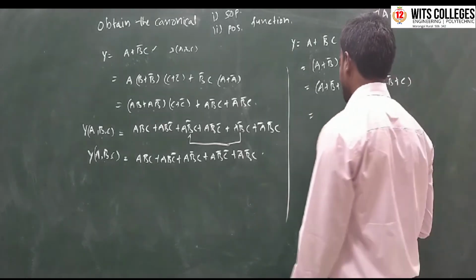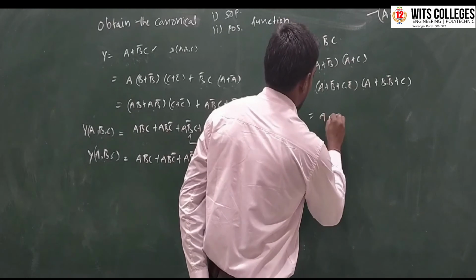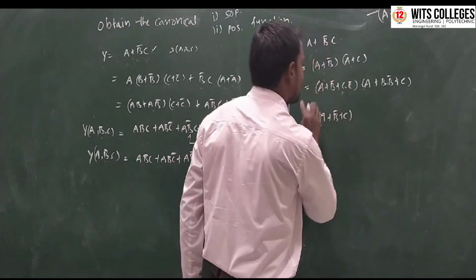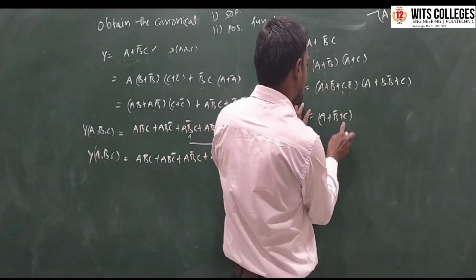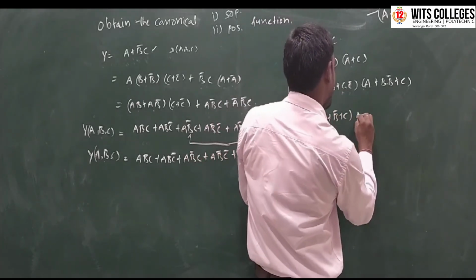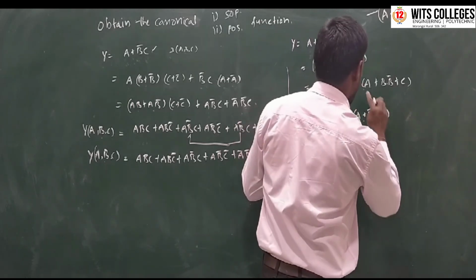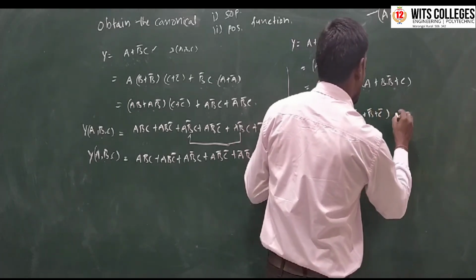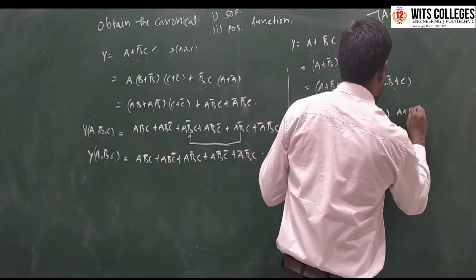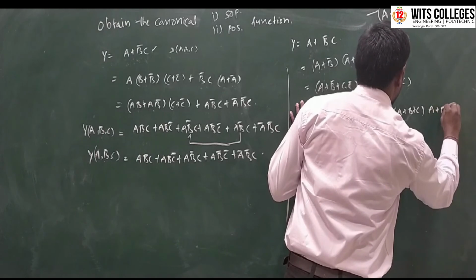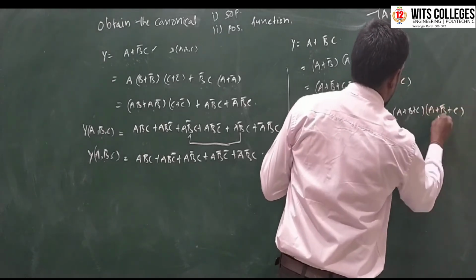So that is equal to (a + b bar + c) into (a + b bar + c bar), and the other term can be written as (a + b + c) into (a + b bar + c).